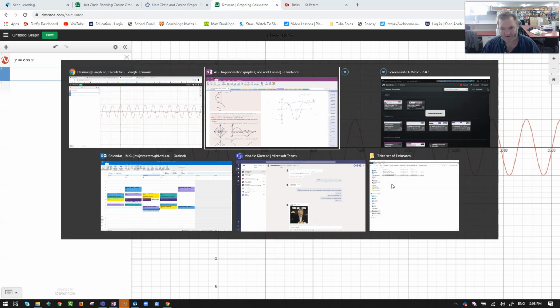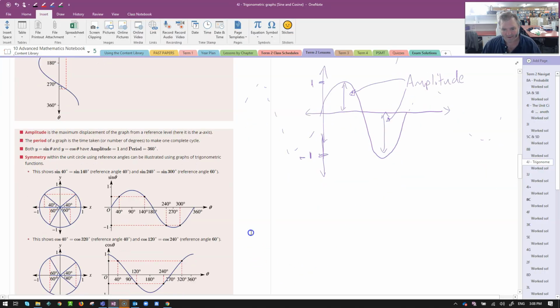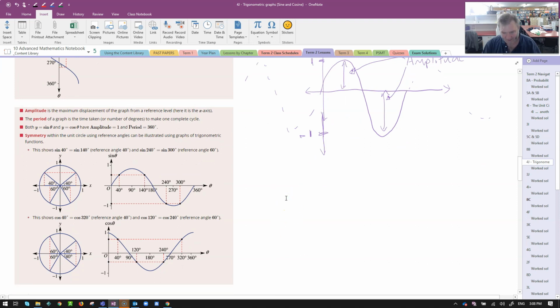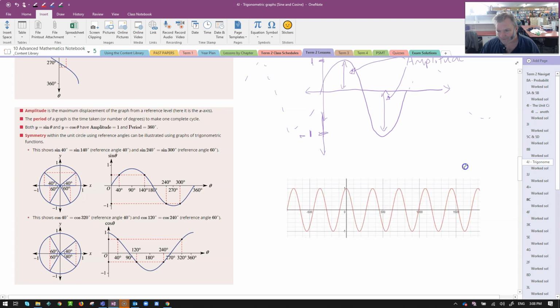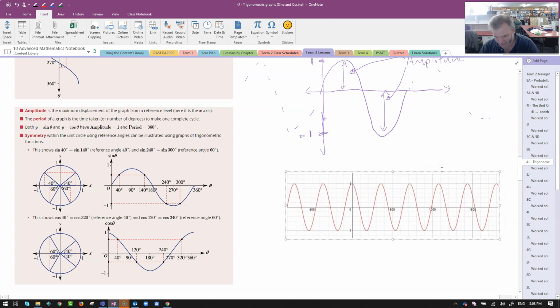That would be a sensible idea. Now, sometimes it doesn't like me posting things, and other times it doesn't mind it. Looks like it's going to behave for a change. There we go. So I could start from here and finish there. That would be one period, which in its standard form is 360 degrees.